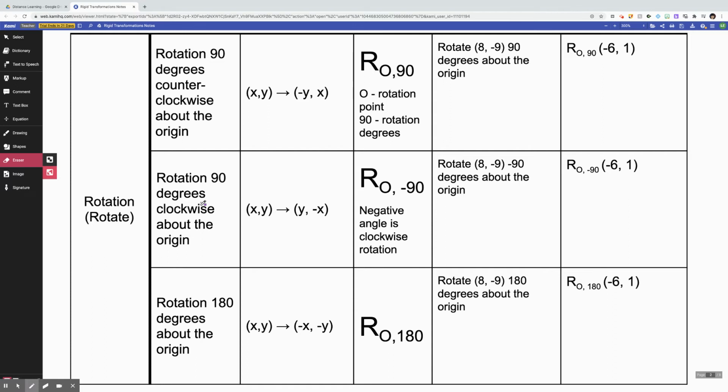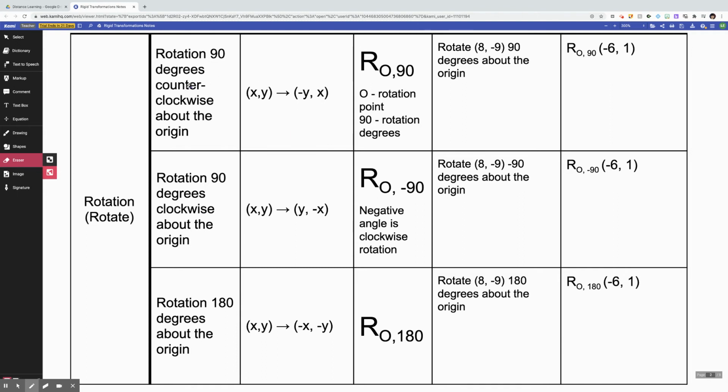But there's 3 that are really common that we actually have functions for and that will work every single time. Those are rotating 90 degrees counterclockwise, rotating 90 degrees clockwise, and rotating 180 degrees. Okay, so I'm going to talk about those 3 things.